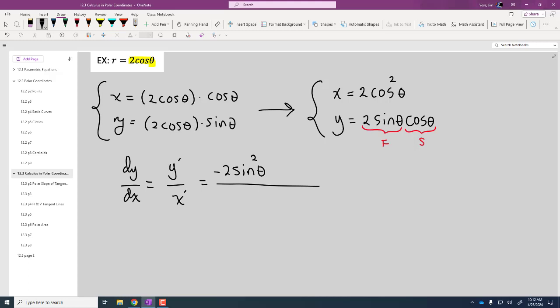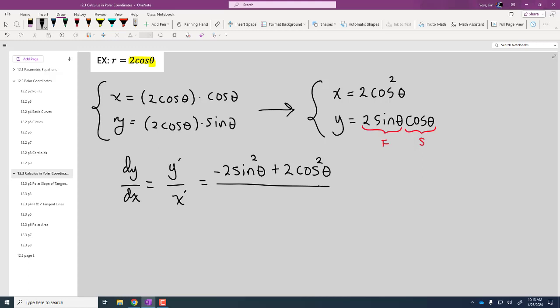Plus the derivative of the first times the second. Derivative of first is 2 cosine theta times cosine theta. So we're going to get 2 cosine theta squared. So there's the y prime.